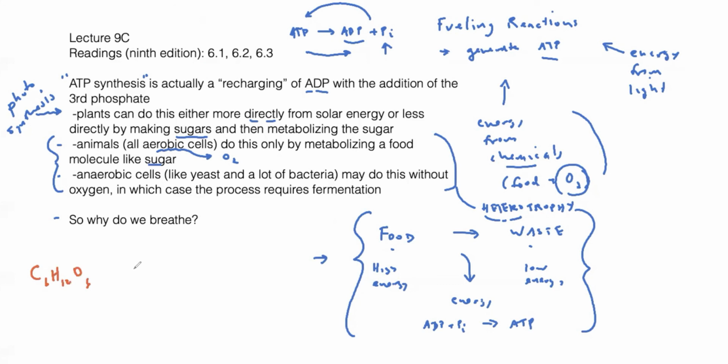C6H12O6, that's glucose, right? Plus 6 molecules of O2, oxygen. That's going to give rise to 6 molecules of CO2, that's carbon dioxide that you're breathing out, plus 6 molecules of water, which is a waste molecule, but we don't really care about water as waste molecules because we're made up of water anyways.